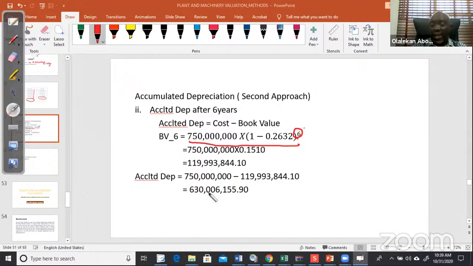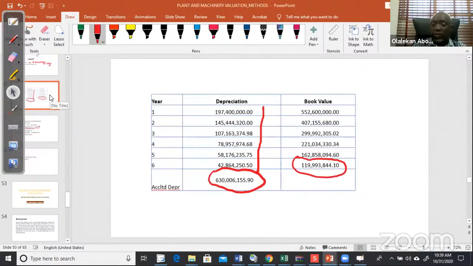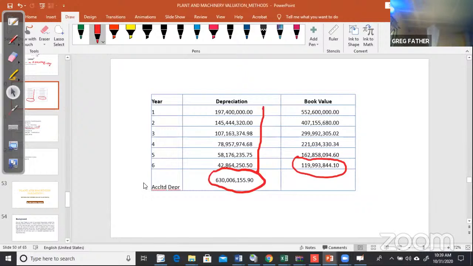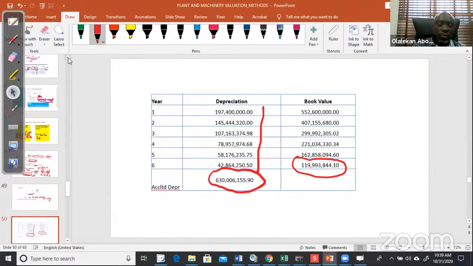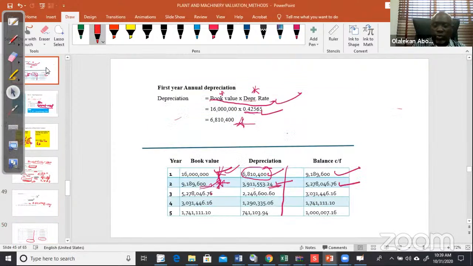However, as I said earlier, the process in your study pack emphasizes using this table. So do your table as explicit as possible. I will prefer that you do the table based on the first table I showed you, which is this one. It is more explicit, and you show the way you do your calculation.